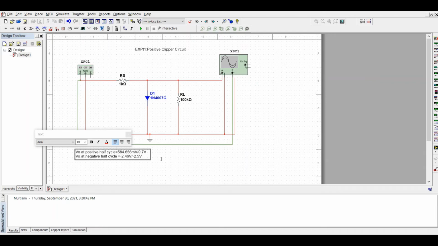So this was a brief explanation of how to implement positive clipper circuit using Multisim.